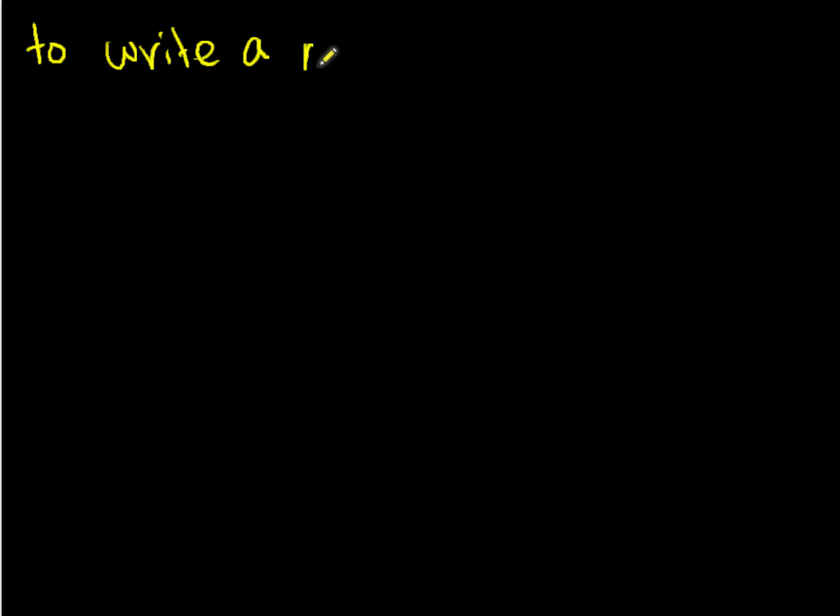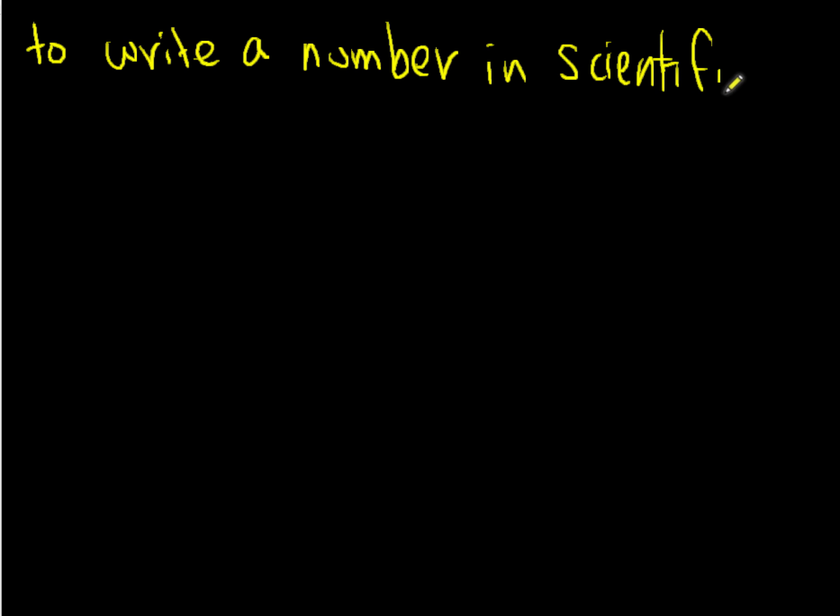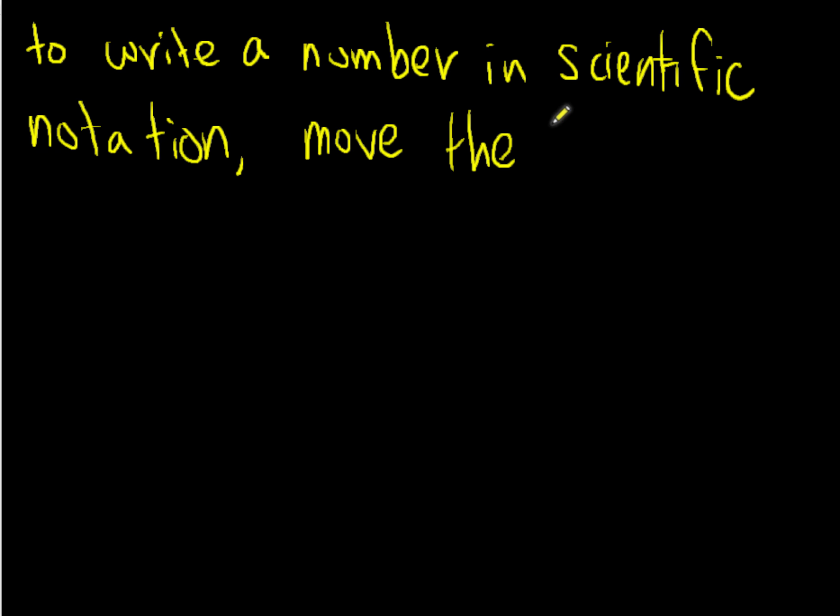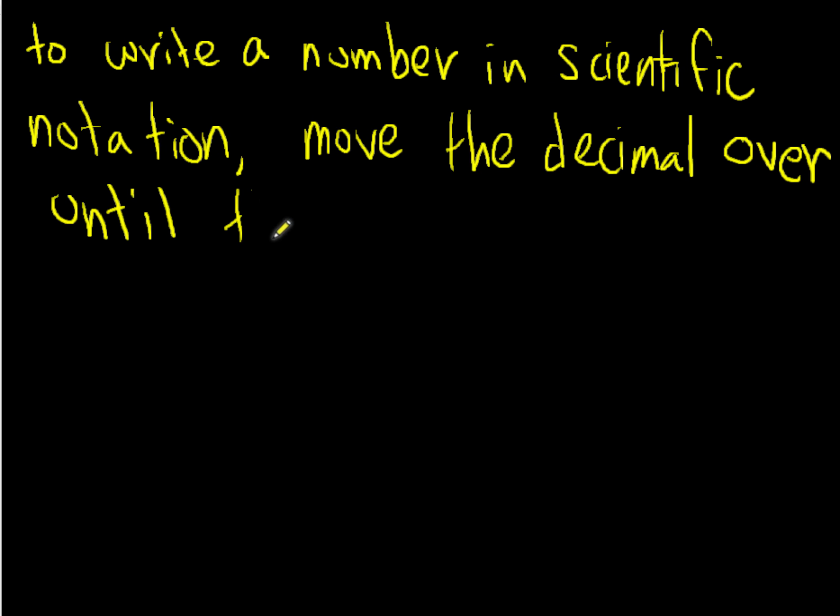To write a number in scientific notation, you move the decimal over until there's only one digit in front of it.